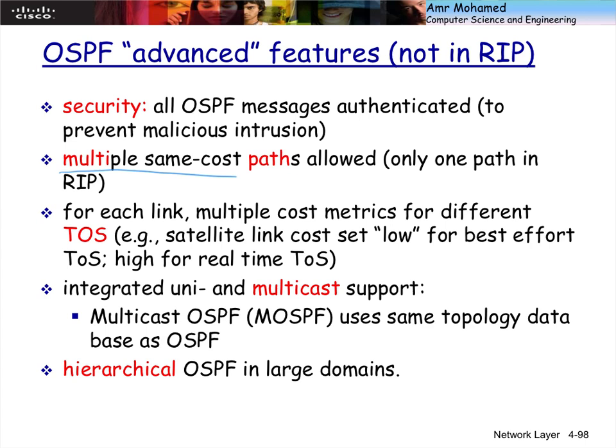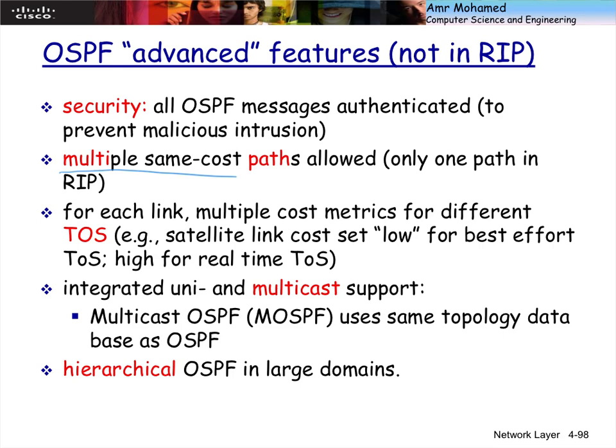So a router receives from router X and router Y the distance to destination Z. Both routers say that the distance to Z is 10. So which one should I choose? Should I go through router X or router Y? In that case, RIP selects any one of them randomly.